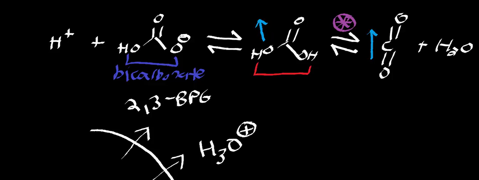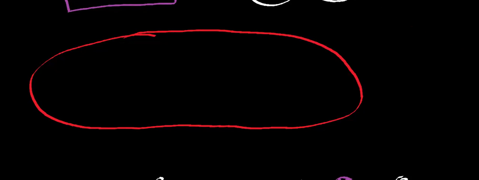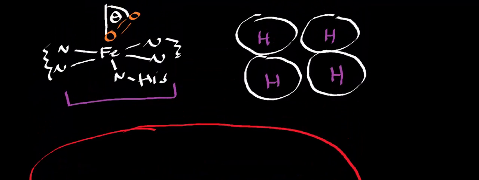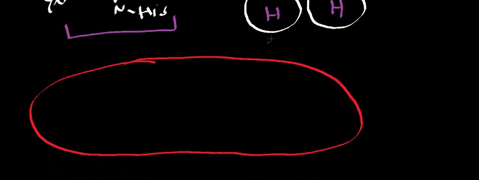Now, if we come back up here to the red blood cell, what you have to imagine is you have your hemoglobin molecules, right? So your hemoglobin was just this tetramer of globin chains. And attached to these globin chains, you have histidine residues, right? So you have your histidine residues.